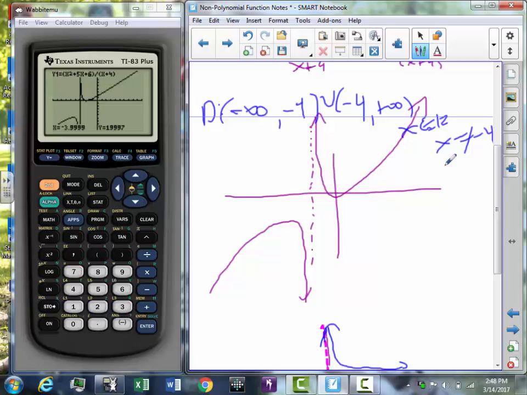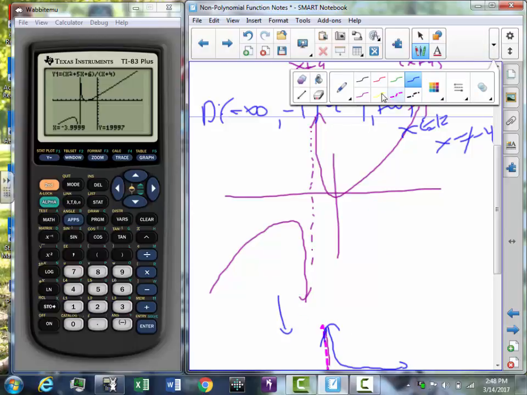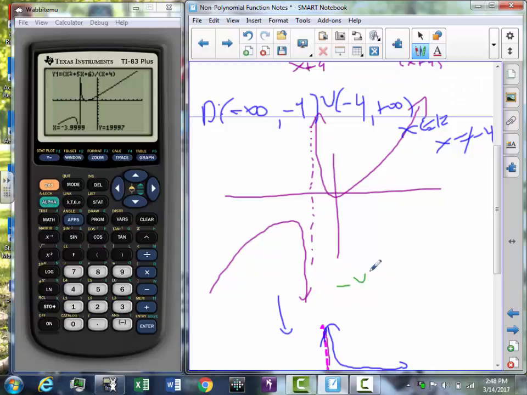What about your range though? What's the lowest y value it can get down to? Looks like it just keeps going lower and lower, doesn't it? So your range would go from -infinity up until right about there. You guys remember how to find a maximum value on your calculator? I'm not going to bother finding it, but could I just label this as A right now?